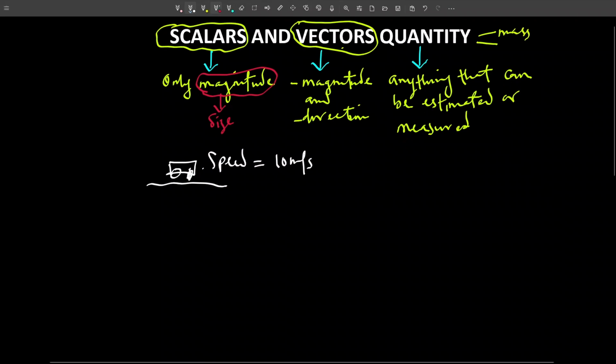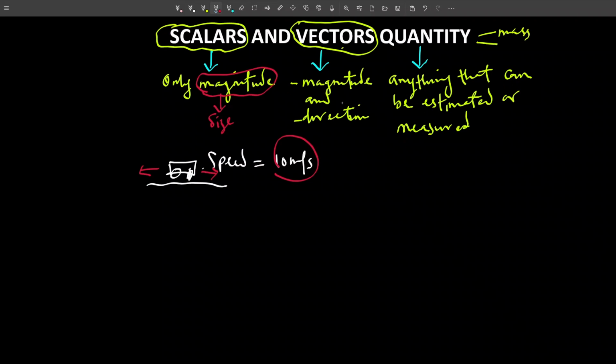Now, what am I showing here? I'm showing just the size or the magnitude of the speed, but I'm not telling you the direction at which the car is going. I didn't tell you the car is going this way or this way. I only said the speed is this. This value, 10 meter per second, is showing just the magnitude of the speed, but not telling us anything about direction. So for scalar quantities, we say they show just magnitude and no direction.